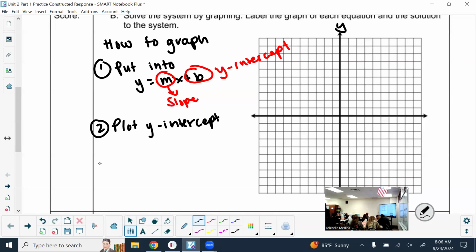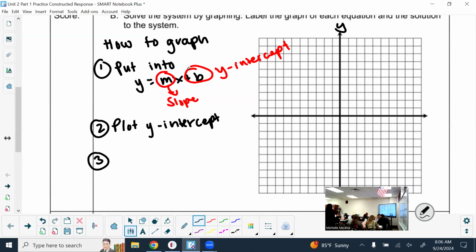Okay, so you plot your y-intercept, and then how do you know where your next points go? What's the other thing you can see in y equals mx plus b? The m. So in y equals mx plus b, m and b will be numbers.